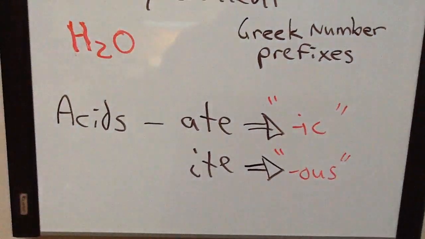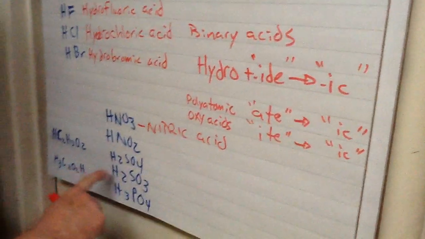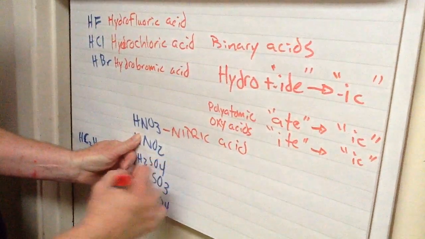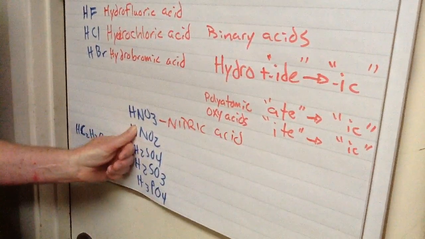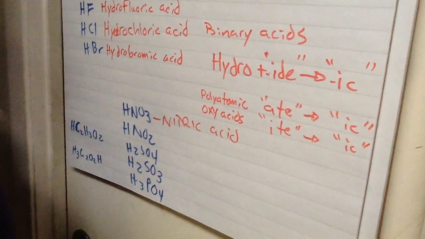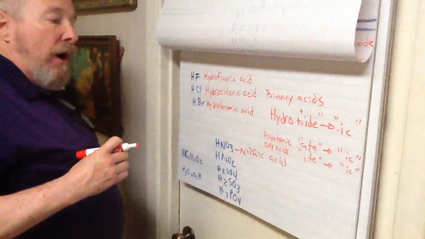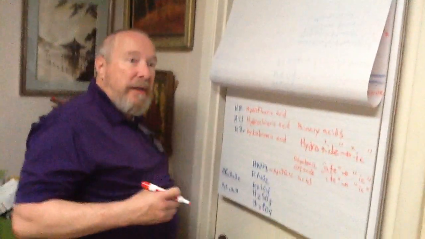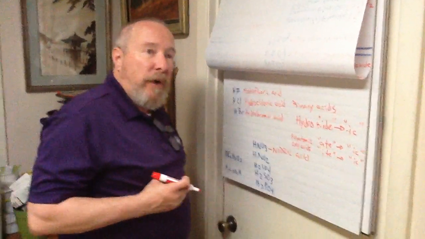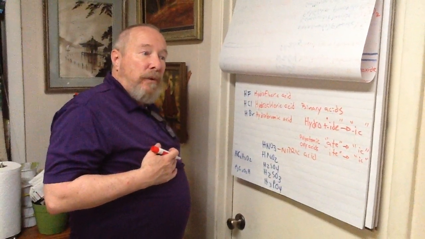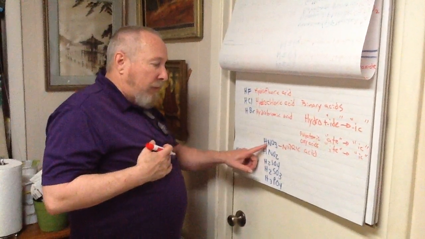So you can see we're at the end. And if you start with the ite, if I had HNO2, and I do here, this is nitrite. If I had NaNO2, I would have sodium nitrite. In the lab, the lab protocol called for writing down and naming sodium nitrite. But I couldn't find any in my chemical stockroom, so I substituted sodium nitrate.